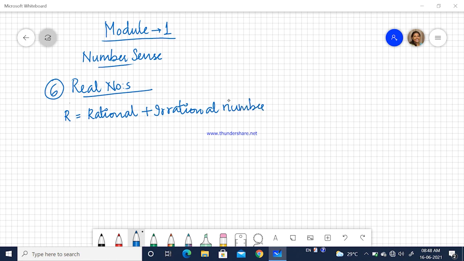Rational as well as irrational numbers are called real numbers, denoted with the letter R.